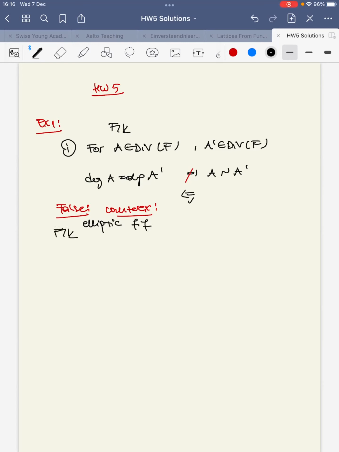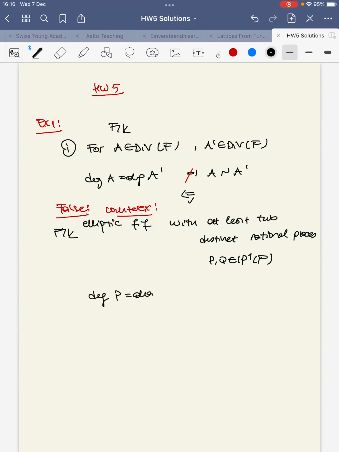If we consider an elliptic function field with at least two distinct rational places, let's say P and Q, then by the definition of degree, they have the same degree.